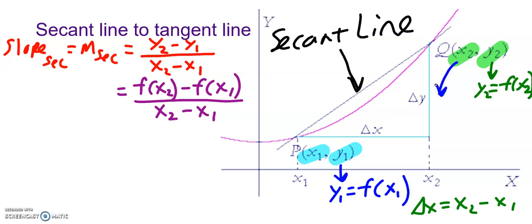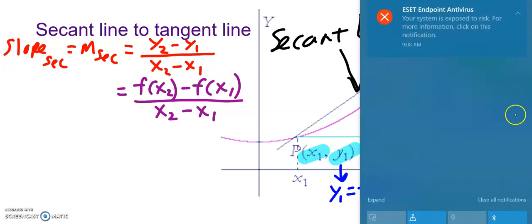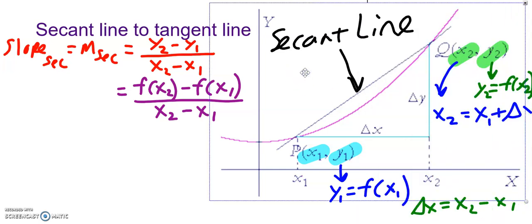So I know that x2 is going to be x1 plus delta x. Sorry about that. So I know x2 is x1 plus delta x. Just rearranging this equation. So what I'm going to do is I'm going to go over here again, and I'm just giving myself more room.